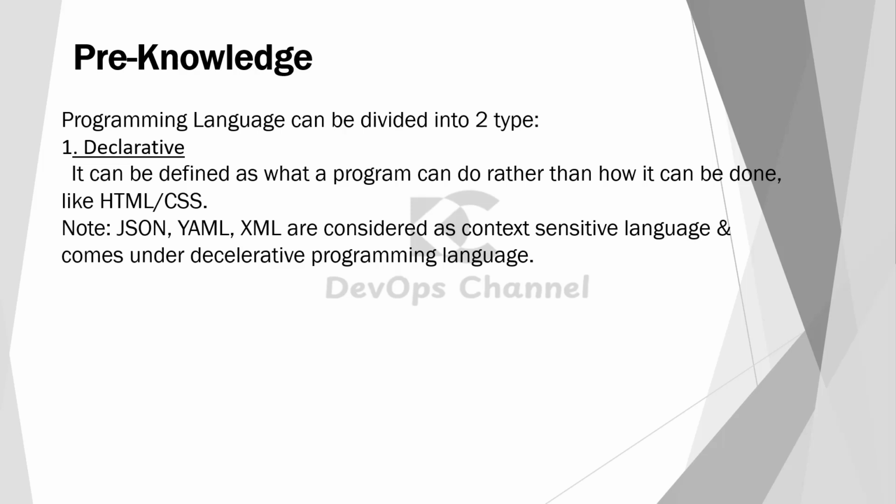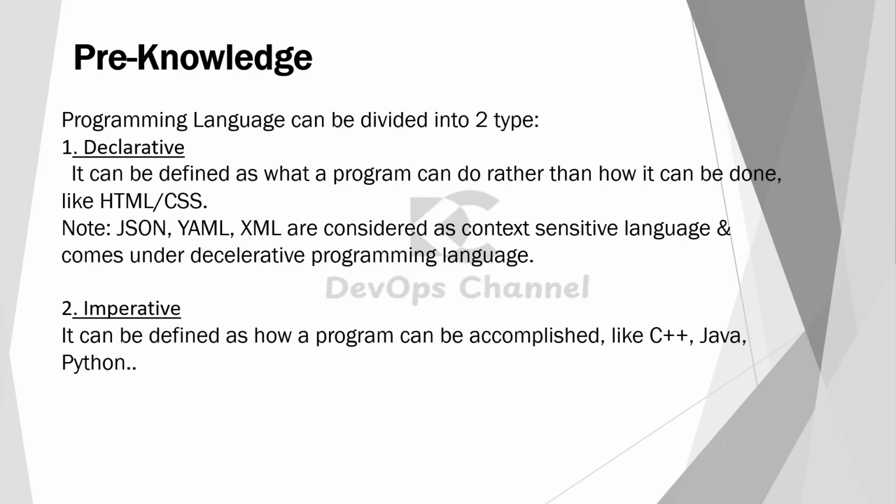JSON, YAML, and XML are considered context sensitive languages and come under declarative programming languages. The next one is imperative. Basically they are your core programs, which define how a program can be accomplished, like C++, Java, Python. Hope you are clear with the pre-knowledge.